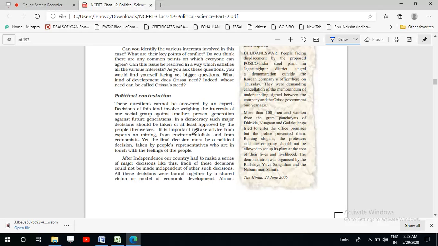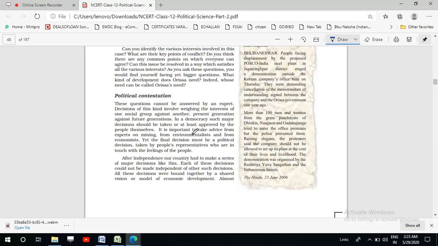No, this is not the case. An expert cannot solve the problem because the expert has only specialized knowledge. He does not have generalized knowledge. He has knowledge of only one aspect of life, and that is the economic aspect.